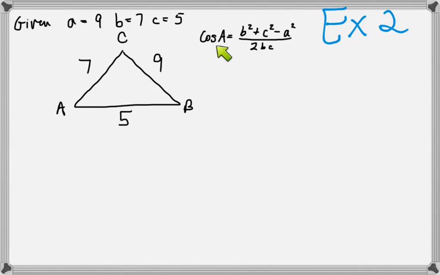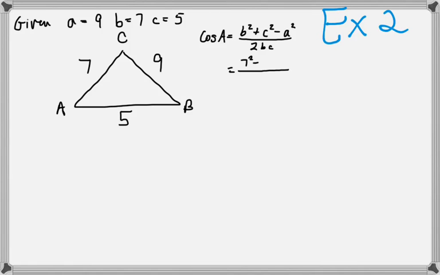If this were cosine of B, then it'll be A squared plus C squared minus B squared. Whatever letter is over here, you're going to subtract it from there. And on the bottom, whatever two letters you're adding on top, those two same letters occur again.